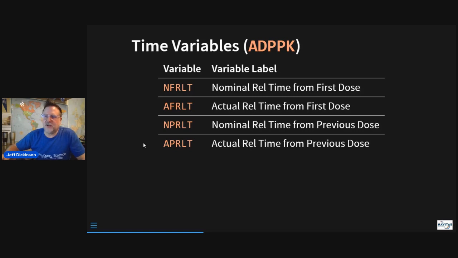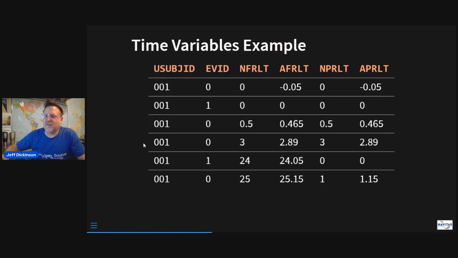So for ADPPK, they're pretty much the same: nominal time from first reference dose or from first dose, actual time from first dose, and then slightly different, nominal time from the previous dose and actual time from the previous dose. And here's just a quick overview. I've also included the dosing records here with EVID as 1, and you can see the times increasing after the doses.